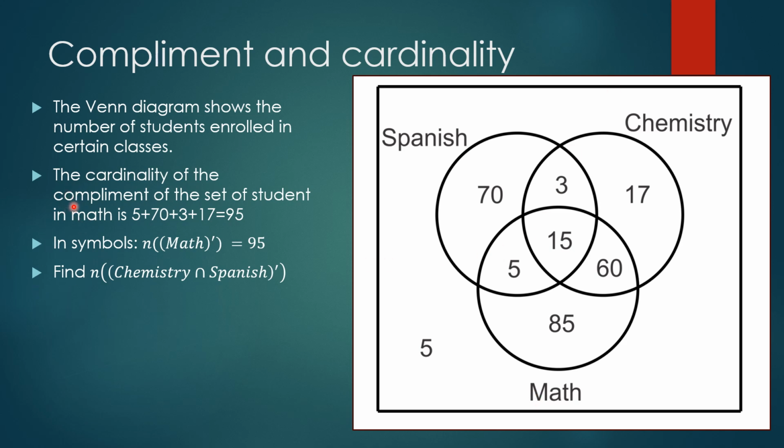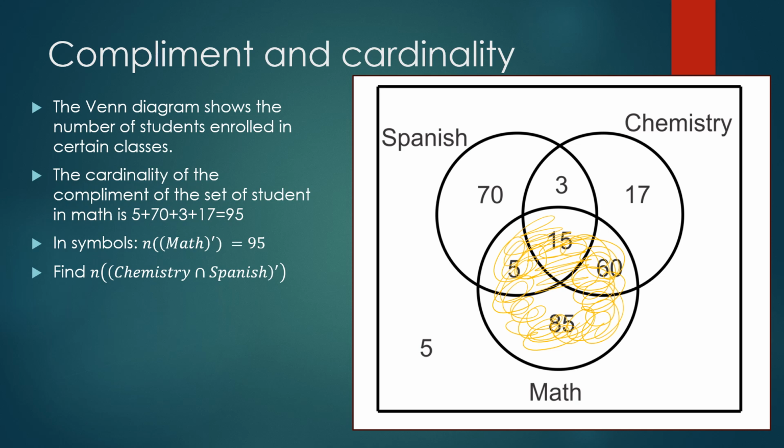Let's suppose we want to find the cardinality of the complement of the set of students in math. Let's do some coloring. Now we know that all this is math. So that means the 5, the 15, the 60, and the 85 is all math. Well, we want the complement. We want everything other than math.